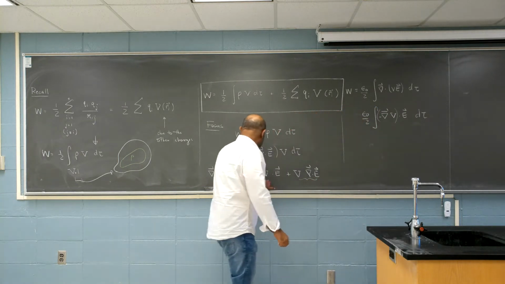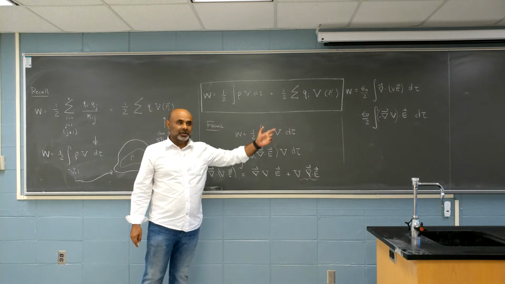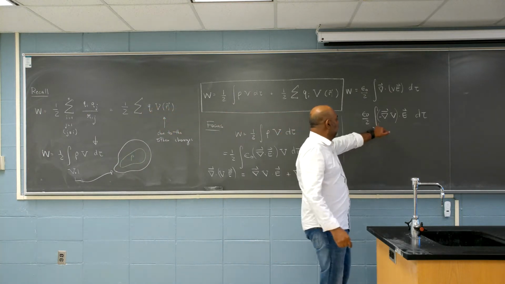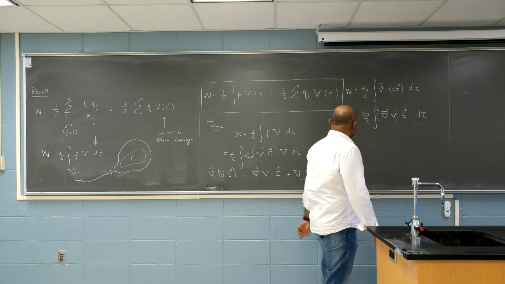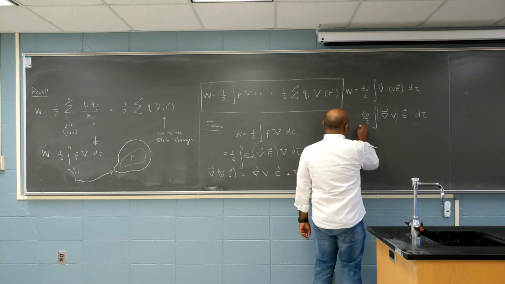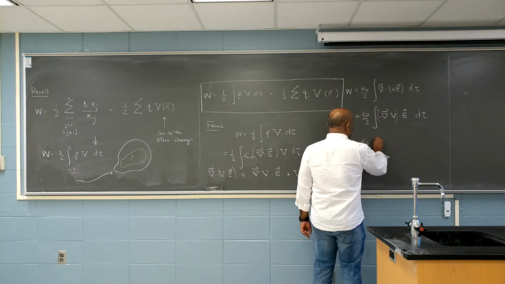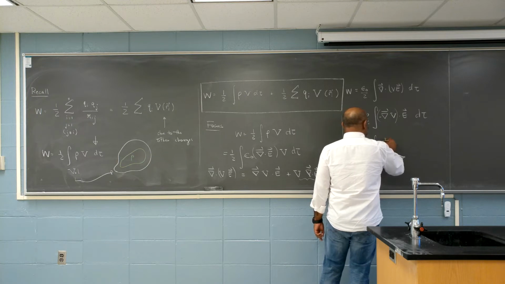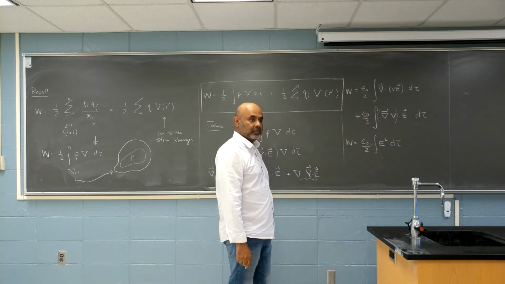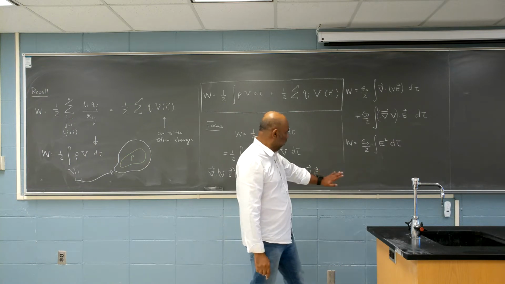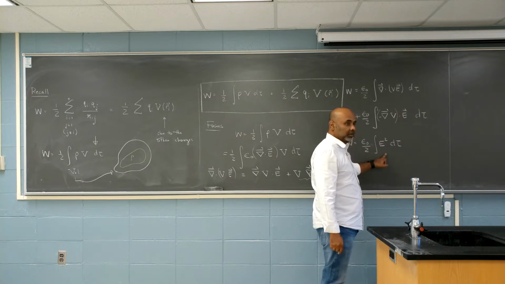First of all, when I bring it from here to here, there's a minus sign. Instead of putting it outside the integral, I just put it in. Because why? Negative gradient of V is nothing more than E. So work is equal to, oh, this is plus then, epsilon naught over 2 integral of E squared d tau. No, just this term. This is E dot E is E squared.